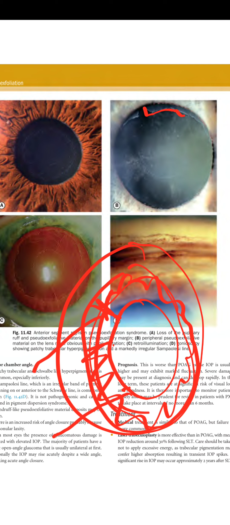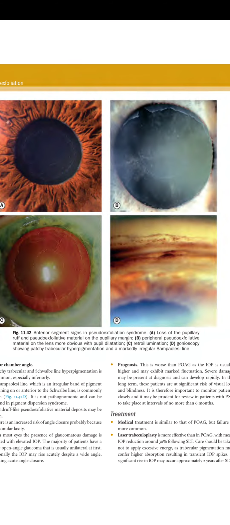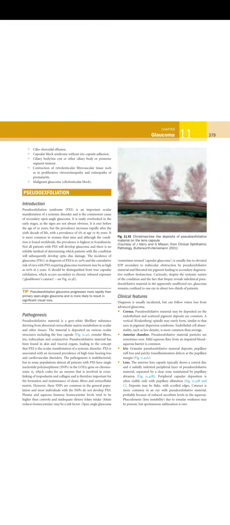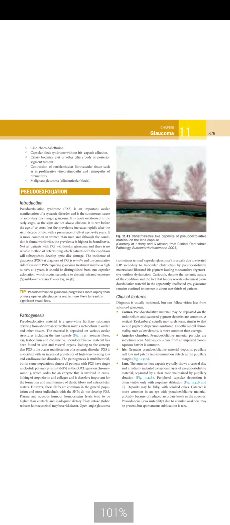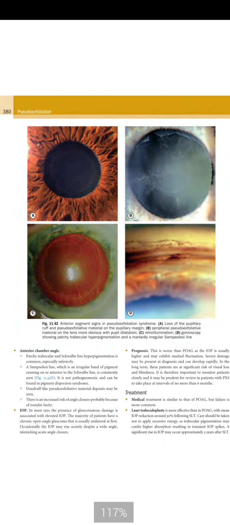So that is why there is a clear zone between them. This peripheral pseudoexfoliation material will only be seen in the case of pupillary dilatation. And also there can be lens instability because the zonule also has a deposition of the pseudoexfoliative material.